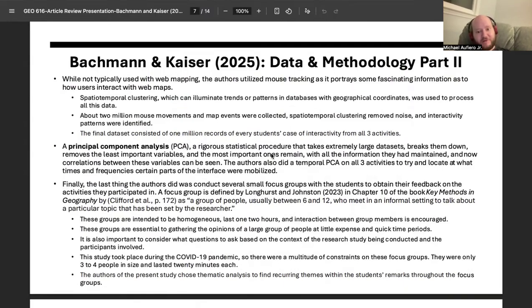The authors also did a temporal PCA on all three activities to try and locate at which times and frequencies certain parts of the interface were mobilized. And we'll talk more about what they found next in the results section.